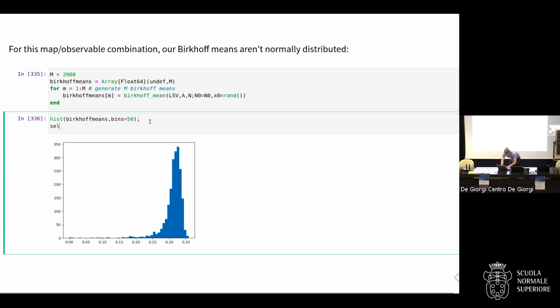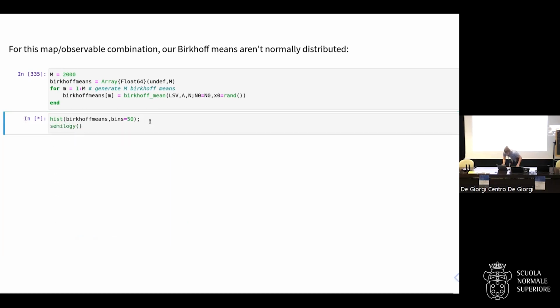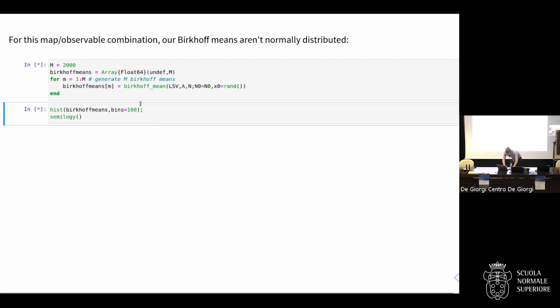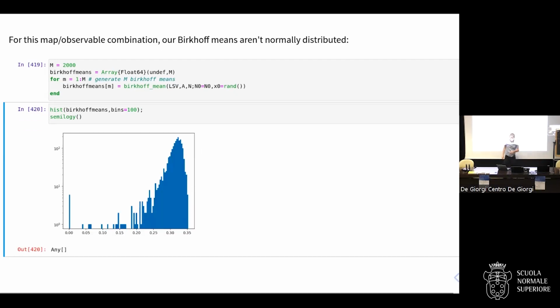So if we plot it on a log scale, I've taken the Birkhoff mean m times, and I've done 2,000 of them. We see here that we have something that should be kind of parabolic, but in fact runs off to zero quite a lot.